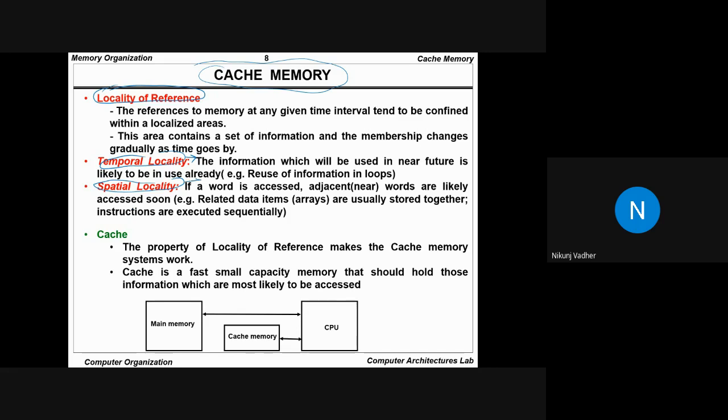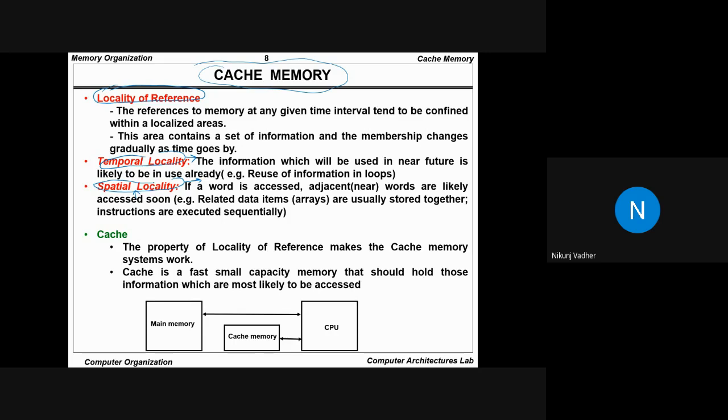In spatial locality, the content adjacent to whatever memory location we are using will be placed into the cache memory. That is spatial locality. In simple words, if you are watching a movie and skip 5, 10, or 20 seconds, it won't create any problem.